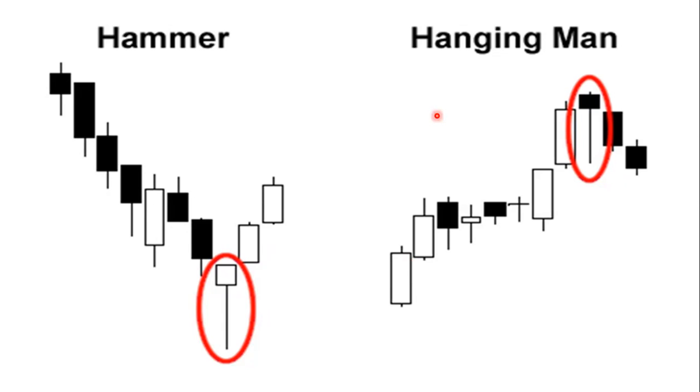So the same candle, when it's on the top, we call it a hanging man. When it's on the bottom, we call it hammer. If it comes on the bottom, we call it hammer, it's changing the price from down to up. If it comes on the top, we call it hanging man, and it changes price from up to down. Is it clear?